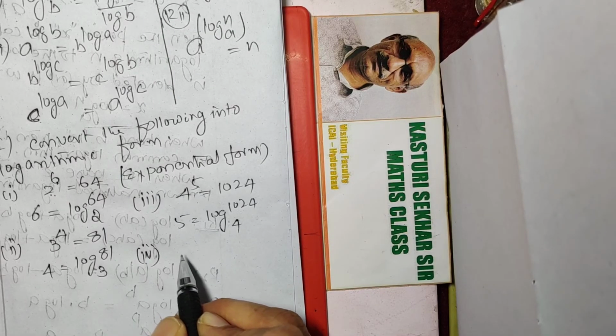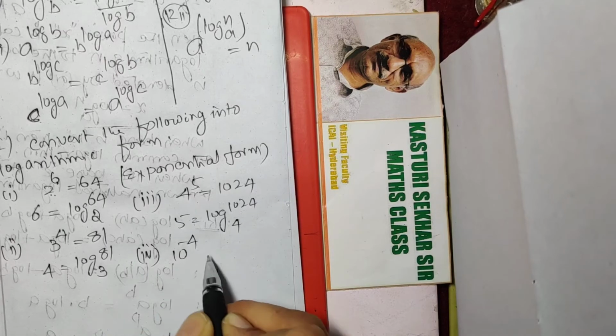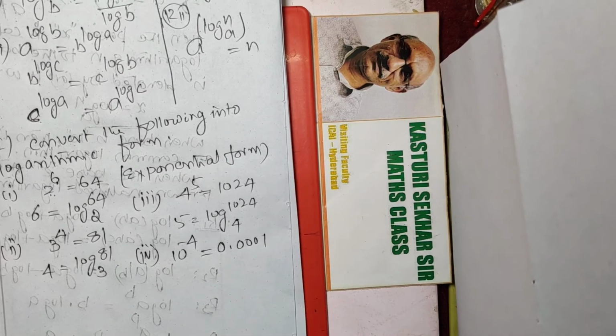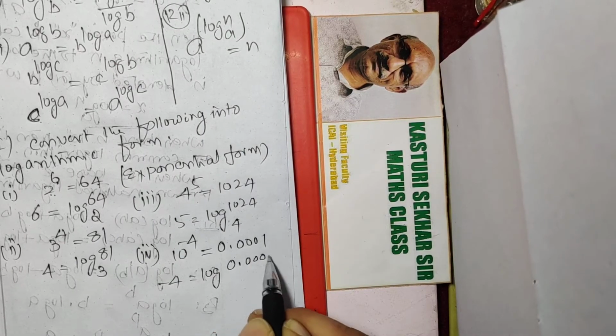Question number 4. 10 to the power minus 4 is equal to 0.0001. So power minus 4 is equal to log 0.0001 to the base 10.